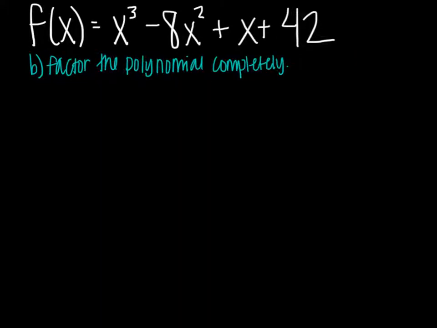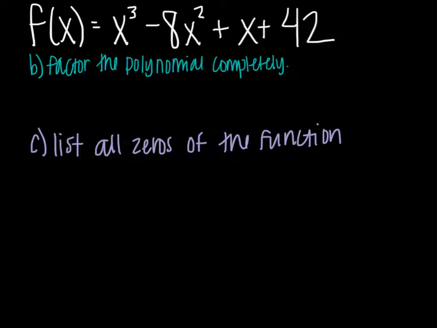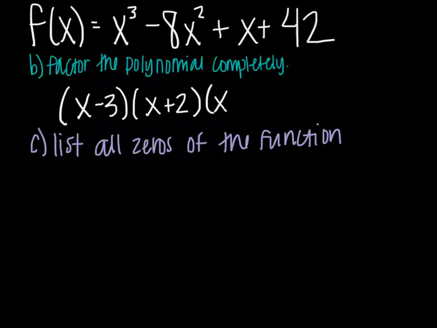So for C, we are asked to list all of the zeros of the function. And we know from previously, we just found all the factors. That was x minus 3, x plus 2, and x minus 7. That's this polynomial factored.